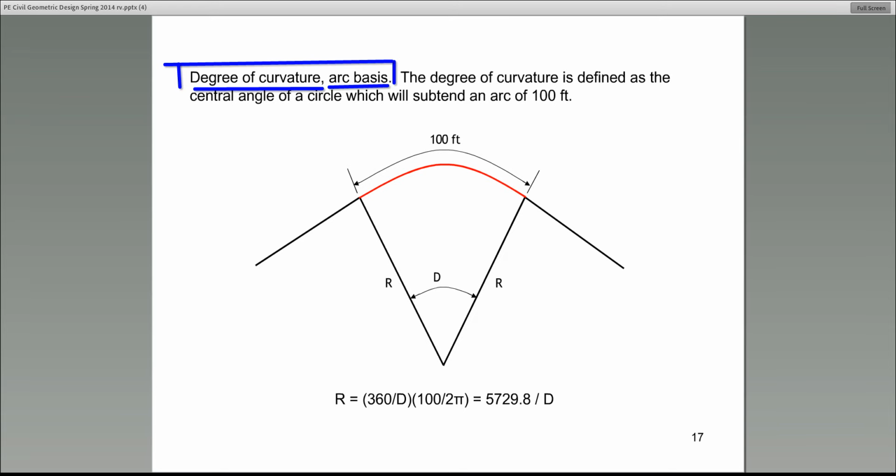Guys, this is the central angle subtended by an arc of 100 feet. All right, so the central angle, D, for a given curve that subtends an arc. Now, this is no longer a chord. It's an actual arc, part of the circle, all right, which is 100 feet. All right, so the angle that subtends an arc of 100 feet is defined as the degree of curvature for the curve.